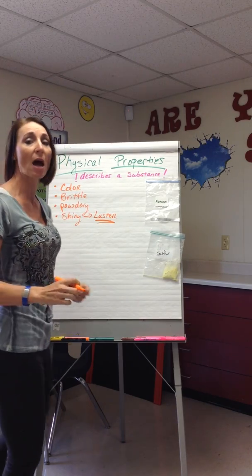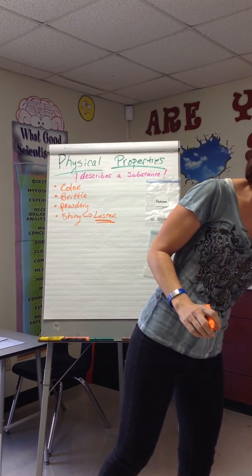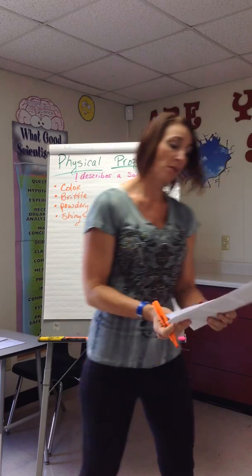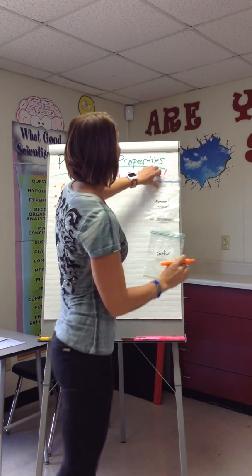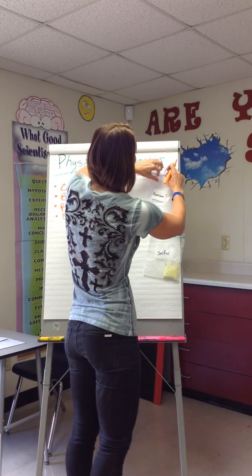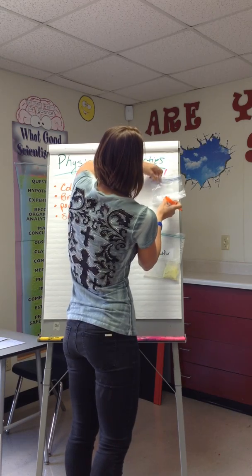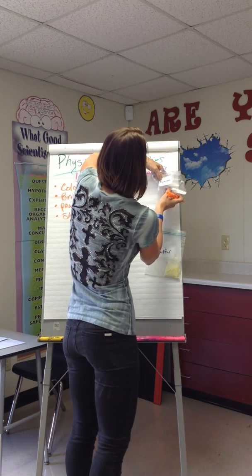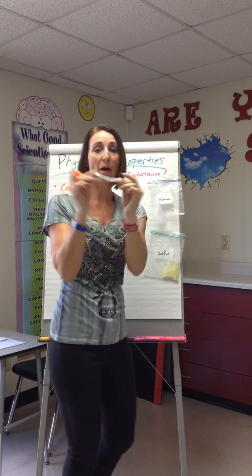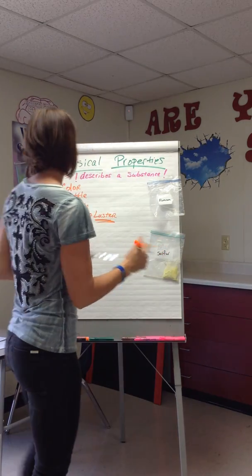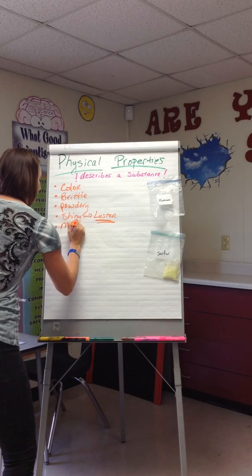Remember, luster is how it reflects light. And one thing about aluminum is that it's malleable. It's shiny, it's thin, it's light, it's malleable. So another word would be malleable.